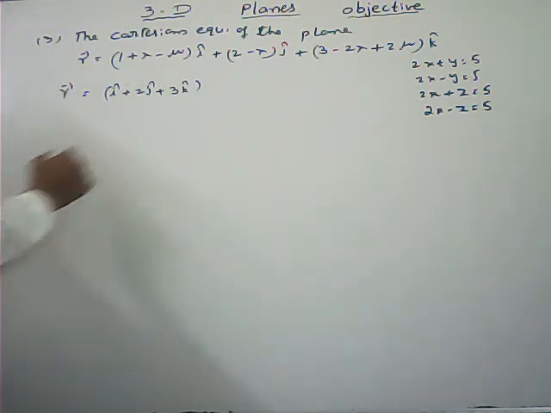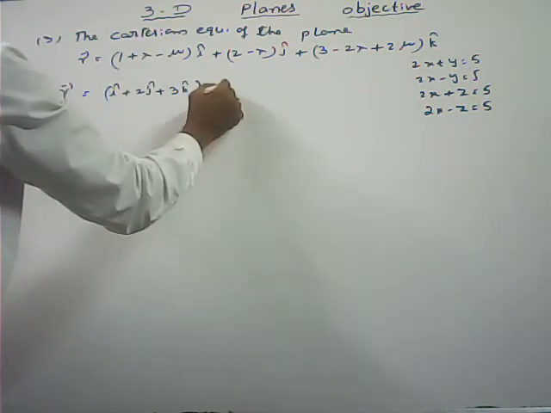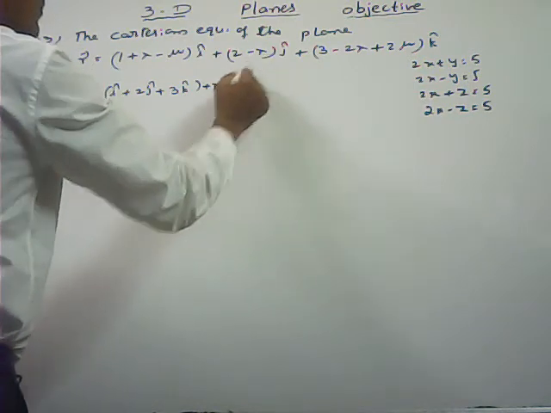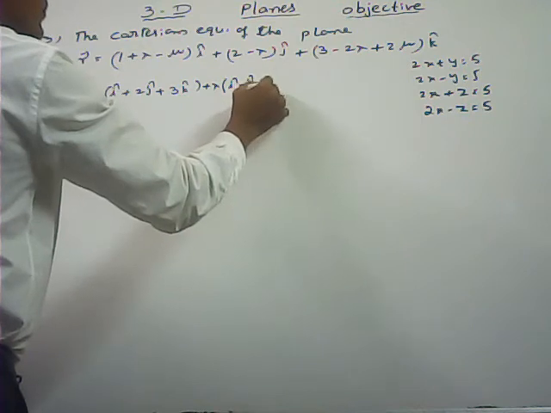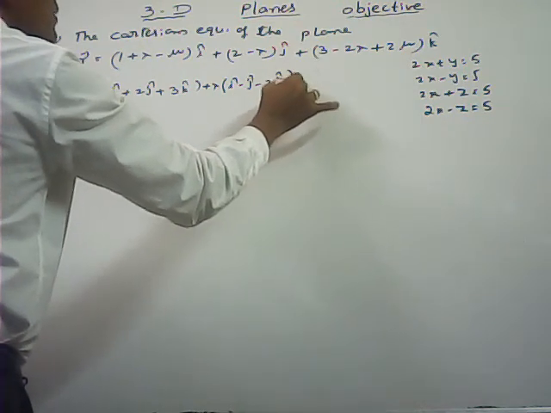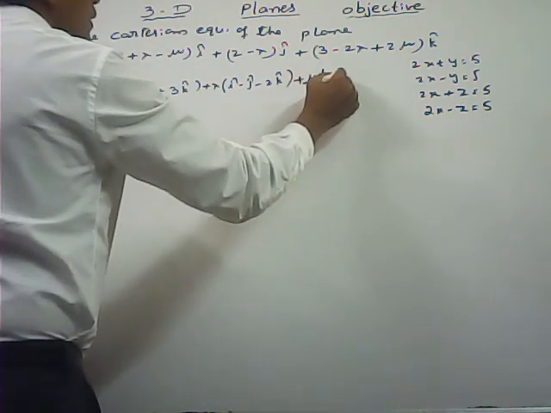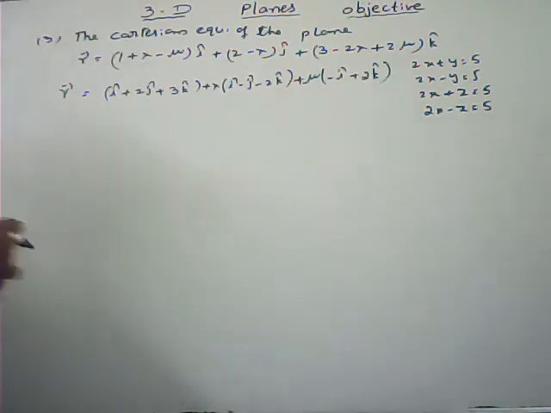Next, if I take lambda as common, i cap lambda minus j cap minus 2k cap, plus mu into minus i cap plus 2k cap. That is the equation of the plane in vector form.